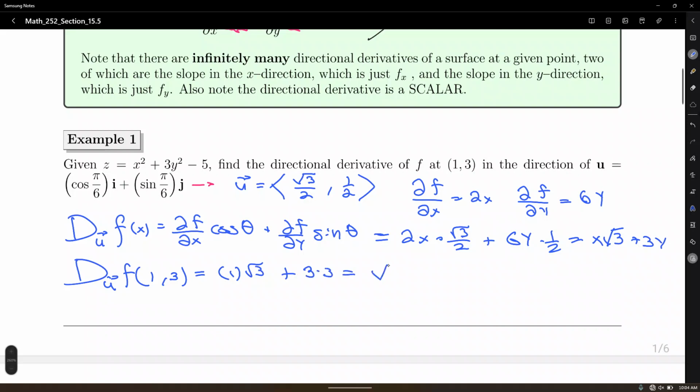That is root of 3 plus 9. So that is the value of the slope on the surface at the point (1, 3) if I go in the direction of 30 degrees.